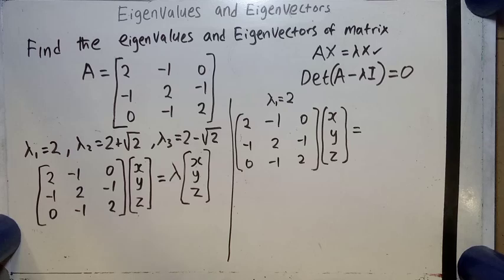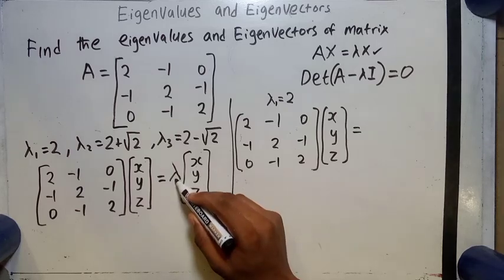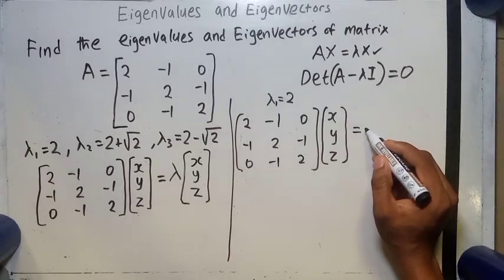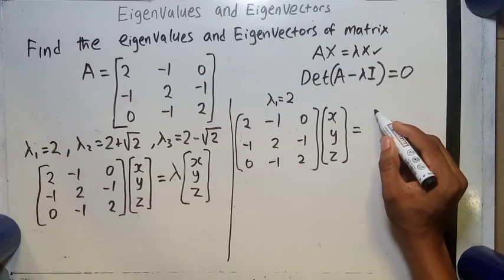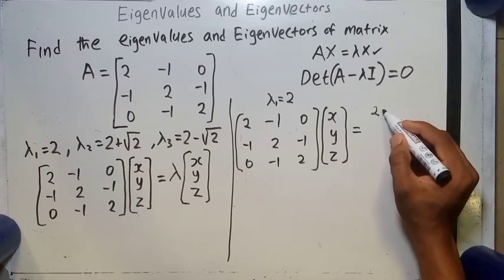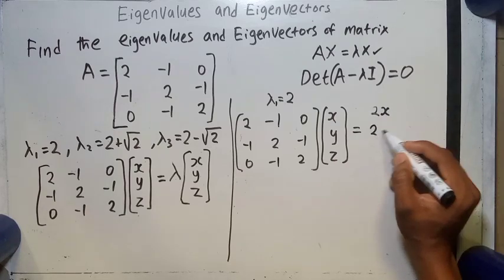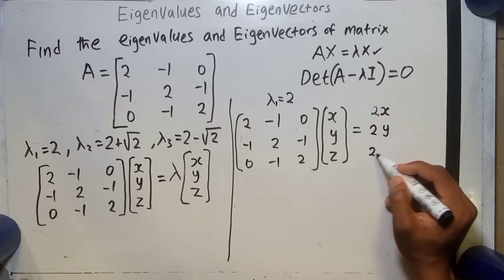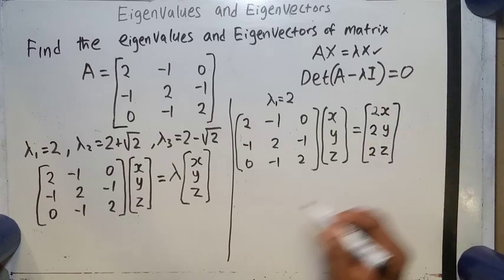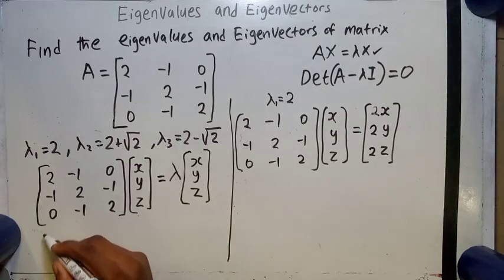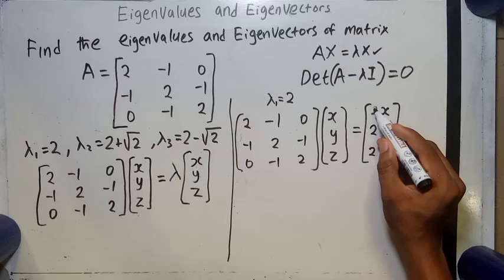Now, going on, this our lambda is now going to be replaced by 2, and when we multiply through, we're going to be having 2x, 2y, 2z. Okay, I hope you guys grab.